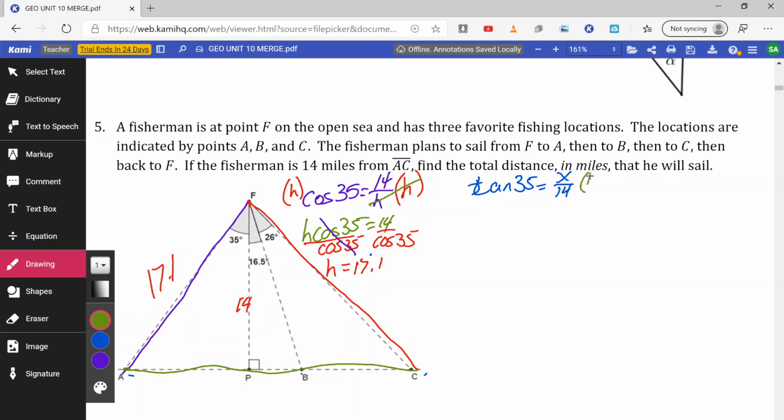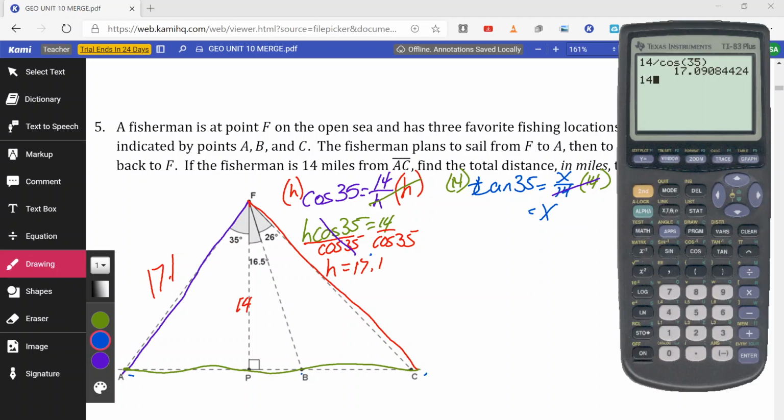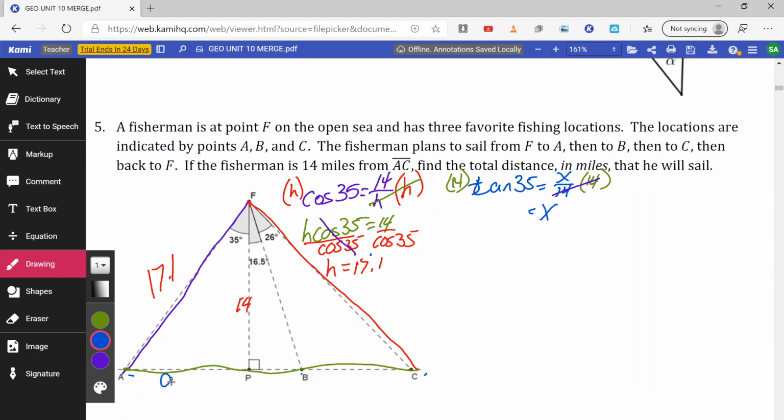So I'll multiply both sides by 14 to get rid of the fraction. So they'll cancel out. So we're left with x. So 14 times tangent 35 means 9.8. So from A to P is 9.8.